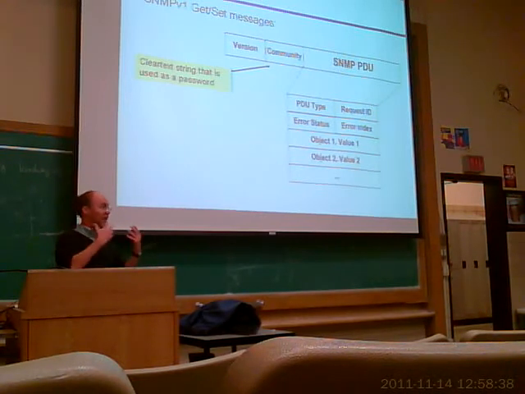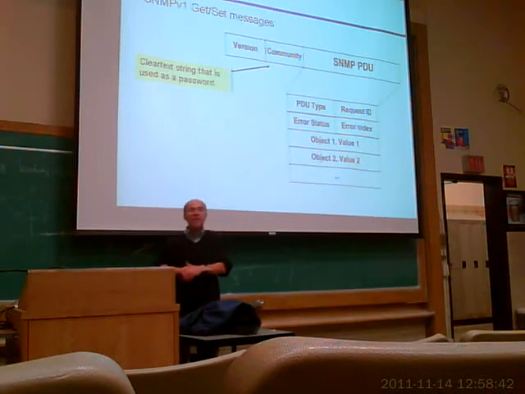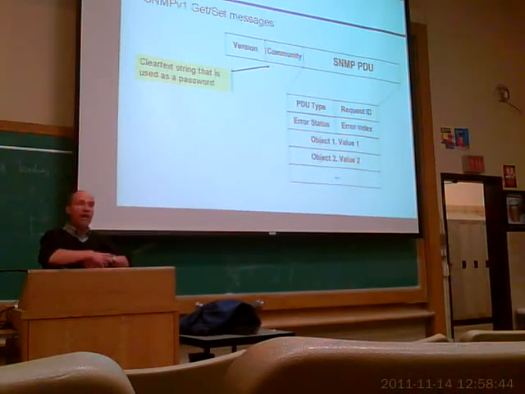SNMP was built as a research network. There's nobody doing anything bad on a research network where everybody is being paid by the same agency. It's like an enterprise network. So that's the context of it. It's not that people were stupid, it was just not an issue.